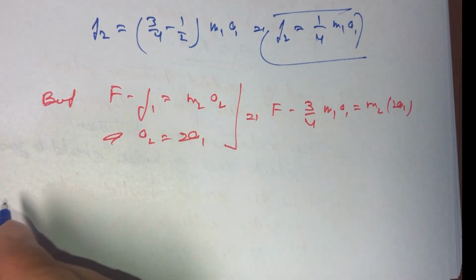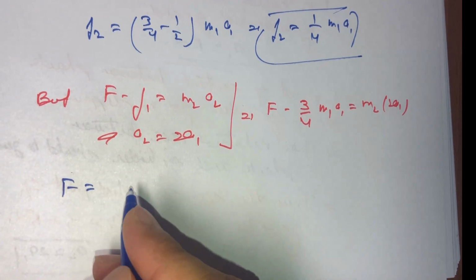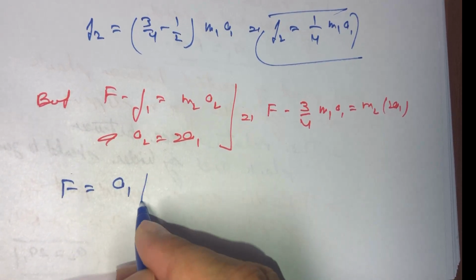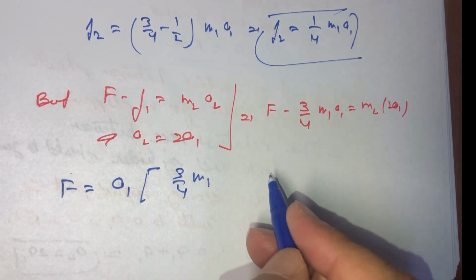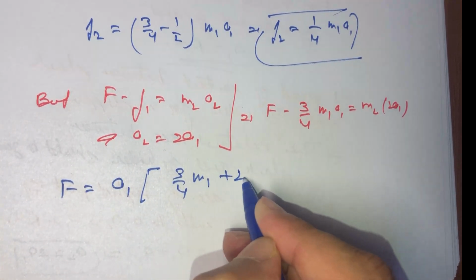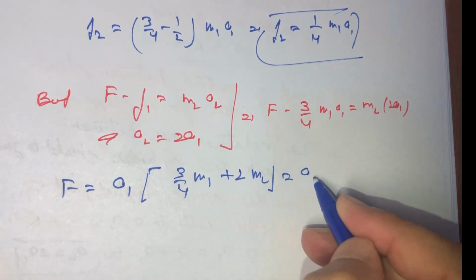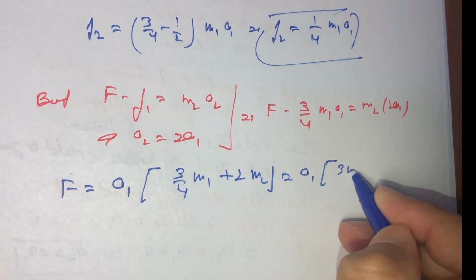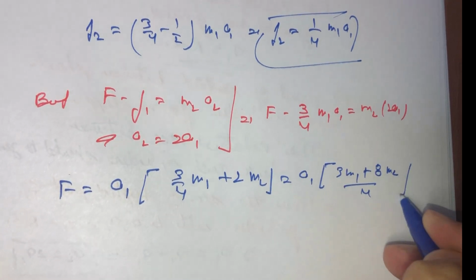Taking a1 to the right side, we get F is equal to, taking a1 as common, we are left with 3 by 4 m1 and twice m2. Now taking the LCM, we have a1 times (3m1 plus 8m2) divided by 4.